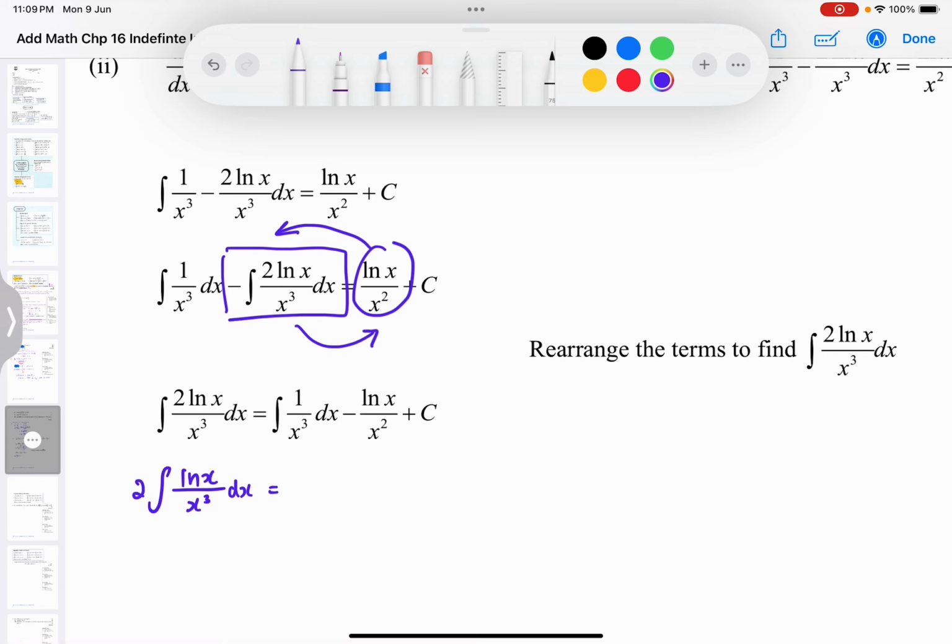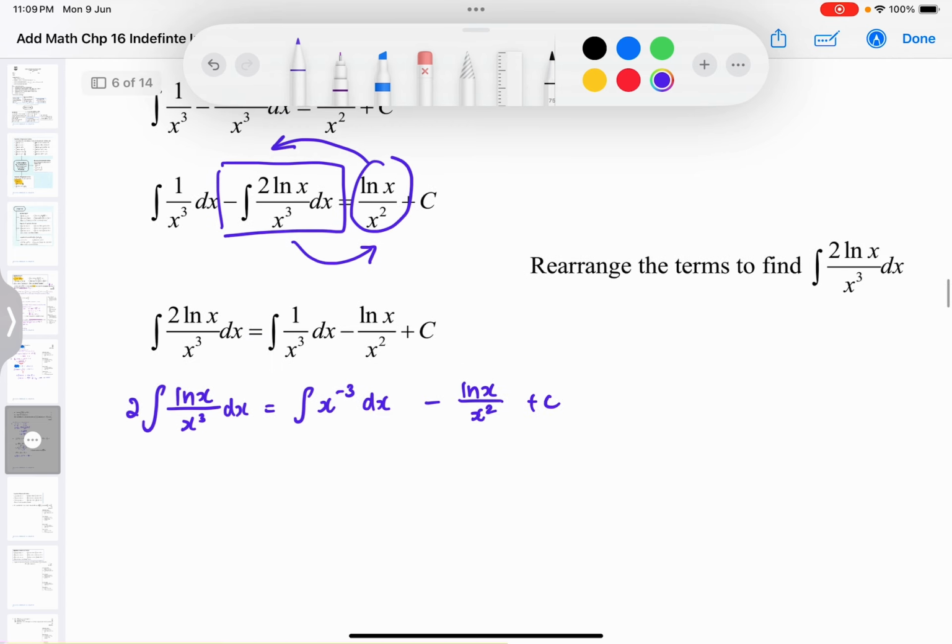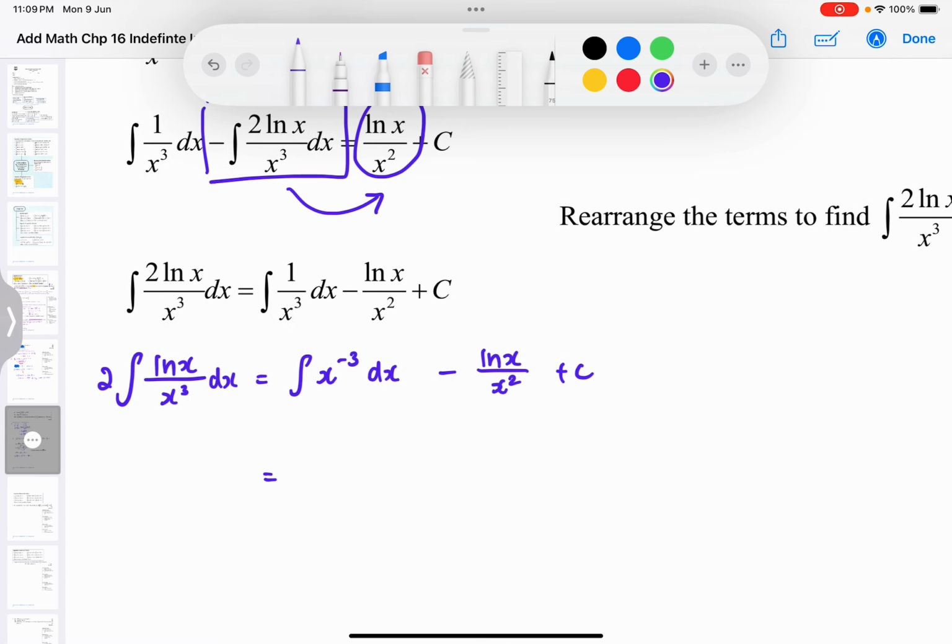This is actually the integral of x to the power of negative 3 dx. The integral of x to the power of negative 3 dx will be, let me just copy the expression on the left first, power plus 1 divided by the new power.